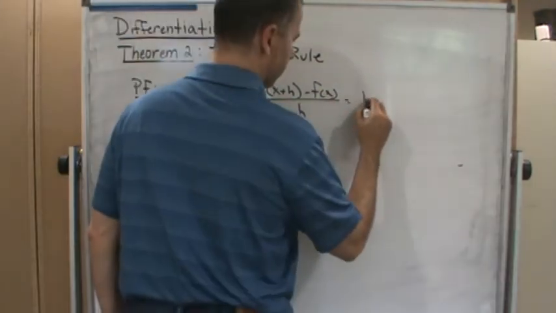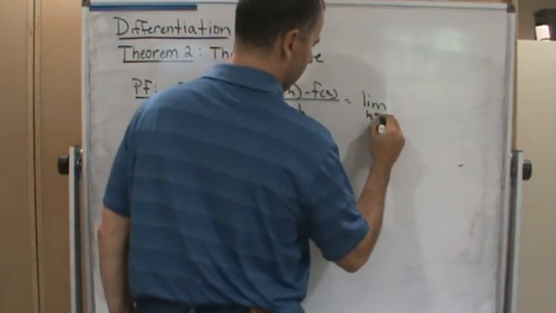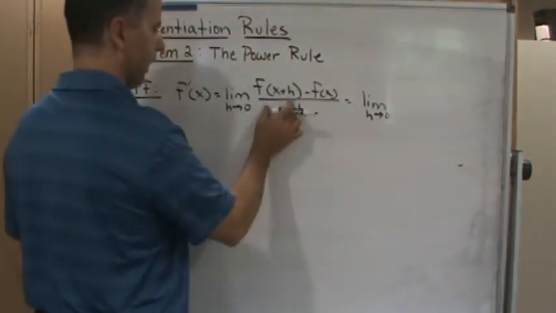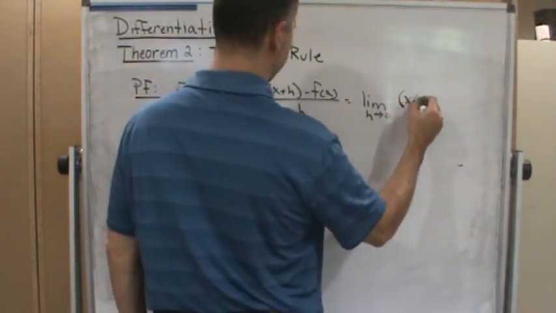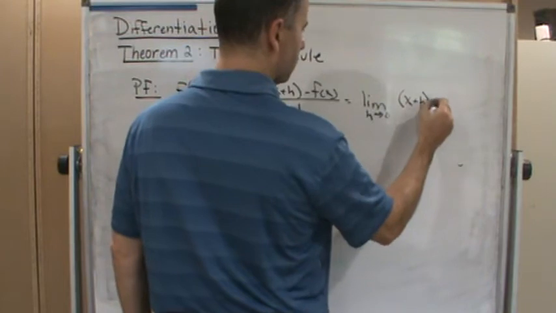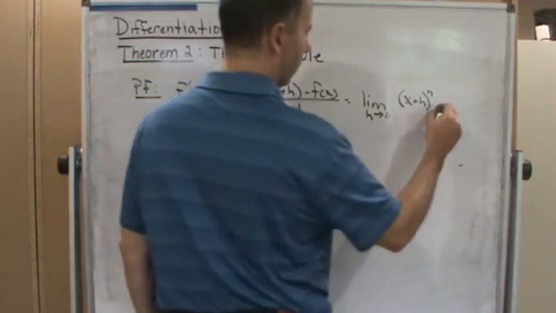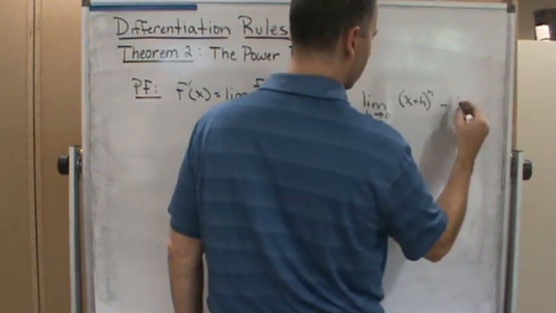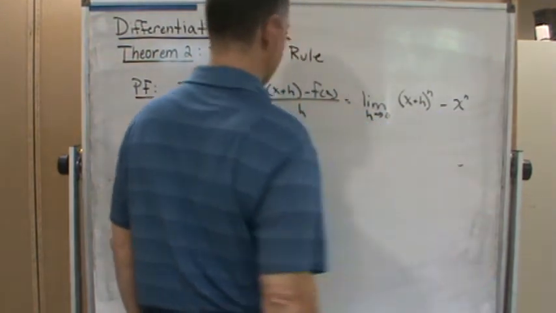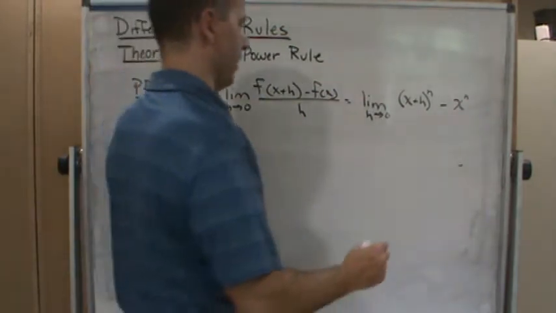And then this is going to be the limit as h approaches 0, and now we're just going to put it in the form. So this is going to be x plus h to the nth power minus x to the nth power divided by h.